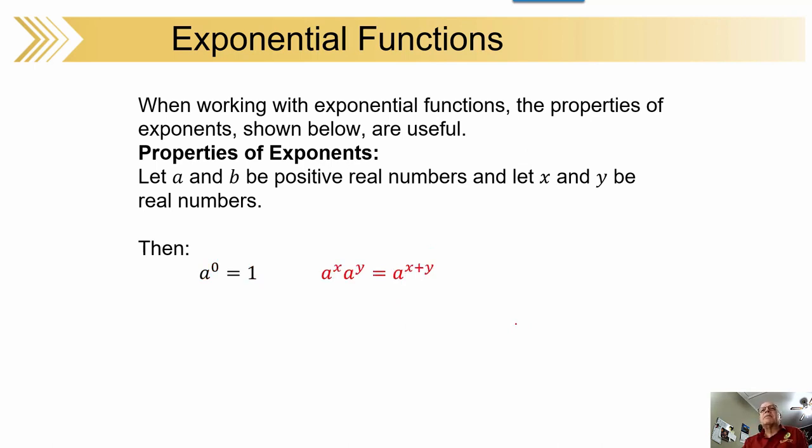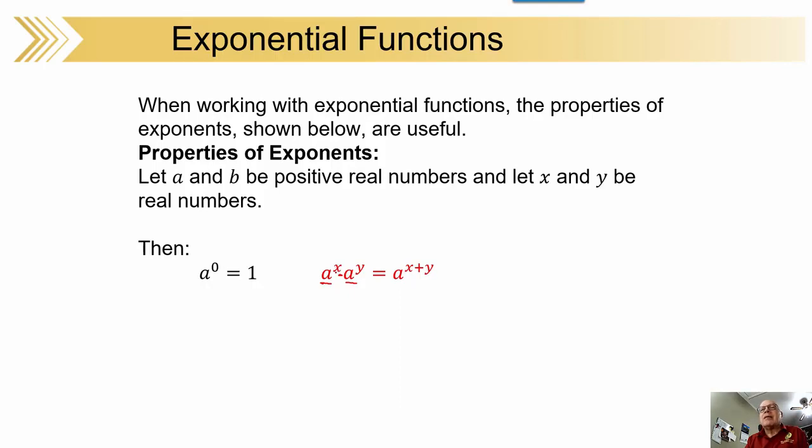The second one, if you've got the same base, that's very important. If the bases are the same and you're multiplying, you just add the exponents, because this tells you how many a's you have here, and this tells you how many a's you have here, and so when you multiply them together, you end up with the sum of those two.